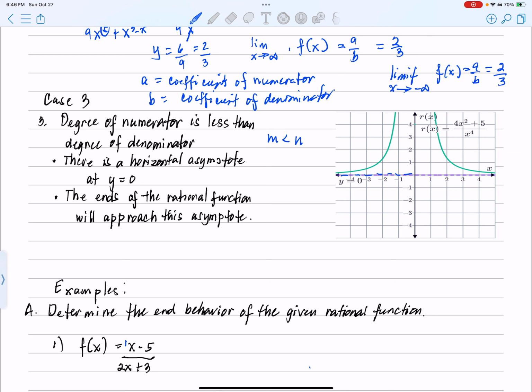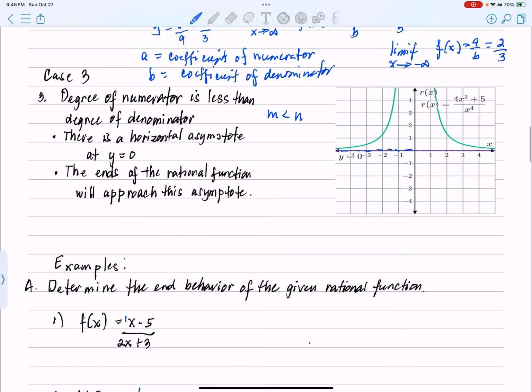That's the degree. There is a horizontal asymptote at y equals 0. So if we look at this right here, the line just touches the curve at y equals 0. The ends of the rational function will approach this asymptote.